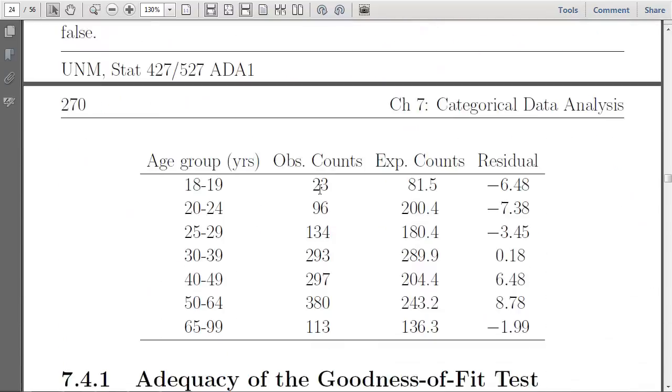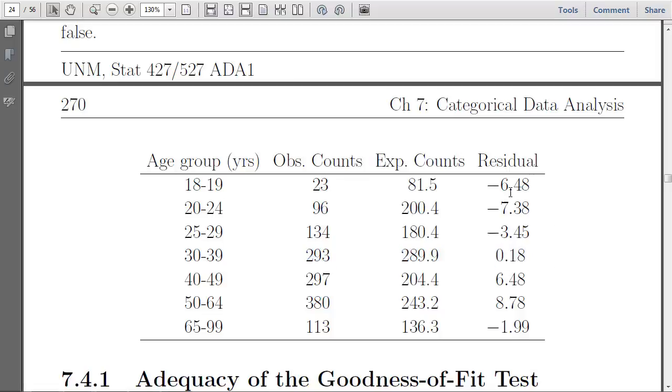So here is a table of the age groups, the observed counts. We had that from before. Now I've put in the expected counts for each category, as well as the Pearson residual for each of the categories. So numbers here that are close to 0 are where the observed and expected are pretty similar to each other, such as the 30-year-olds.